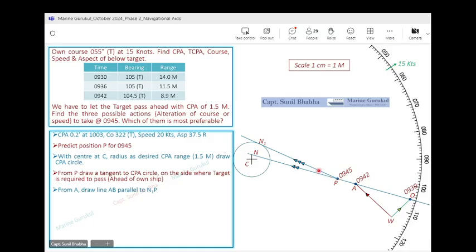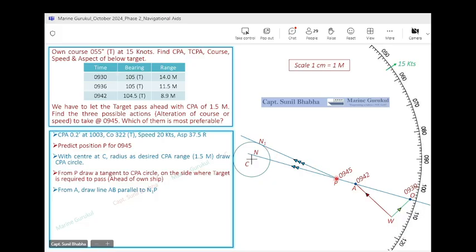Now, since we need the target to follow the Papa November 1 line of approach, we now draw a line from point alpha. From point alpha, we draw a line parallel to the direction of PN1 or N1P.